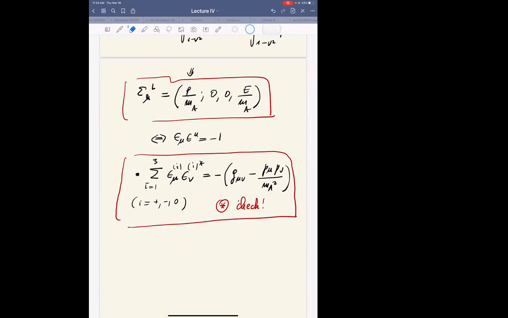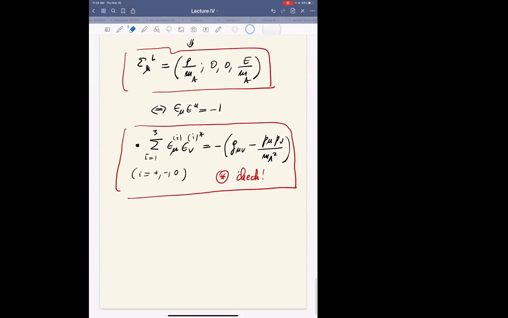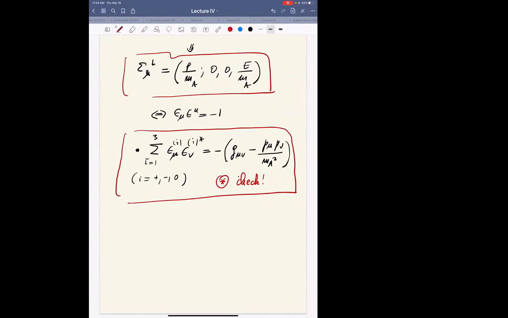Well, it's not so surprising. You can say, well, it's obvious, because this sum of epsilon mu epsilon nu star must be some tensor. After all, what tensors do I have? I have G mu nu plus B combination P mu P nu over M squared to have proper dimensions. And then I know also that P mu epsilon mu is 0, for example, or P nu epsilon nu.